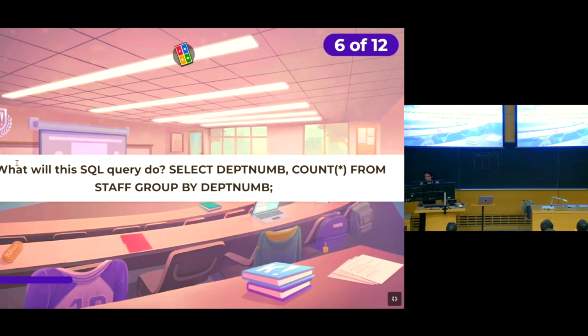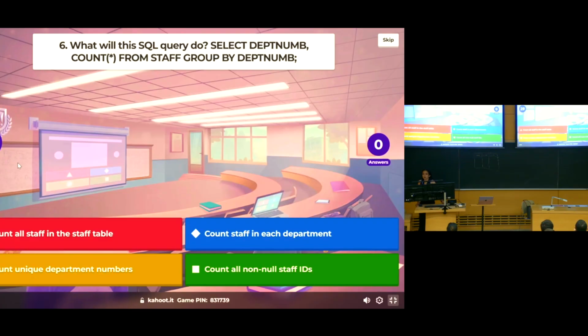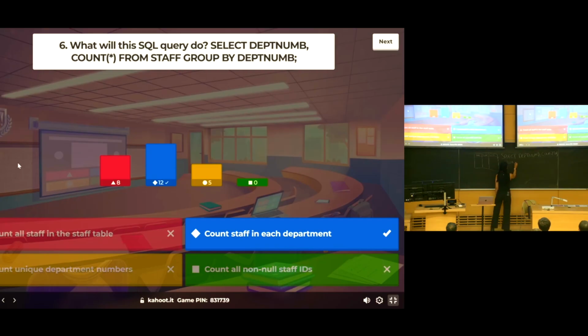Next. What will this SQL query do? Select department number, count star from staff, group by department number.